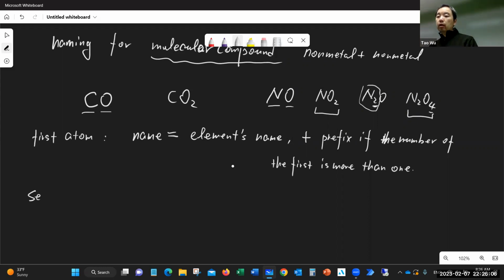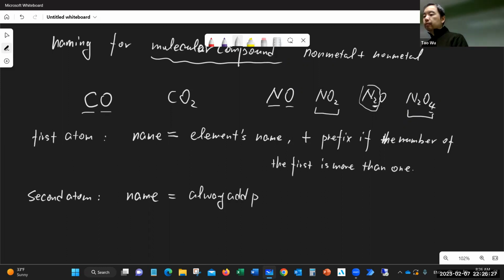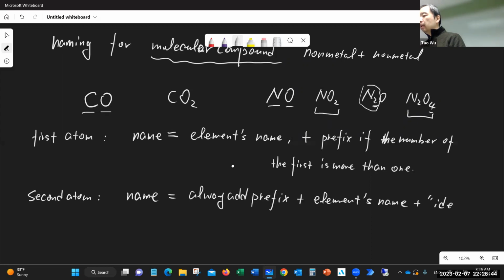Then for the second atom, the name is always the prefix, plus the element's name, then plus the ide ending.